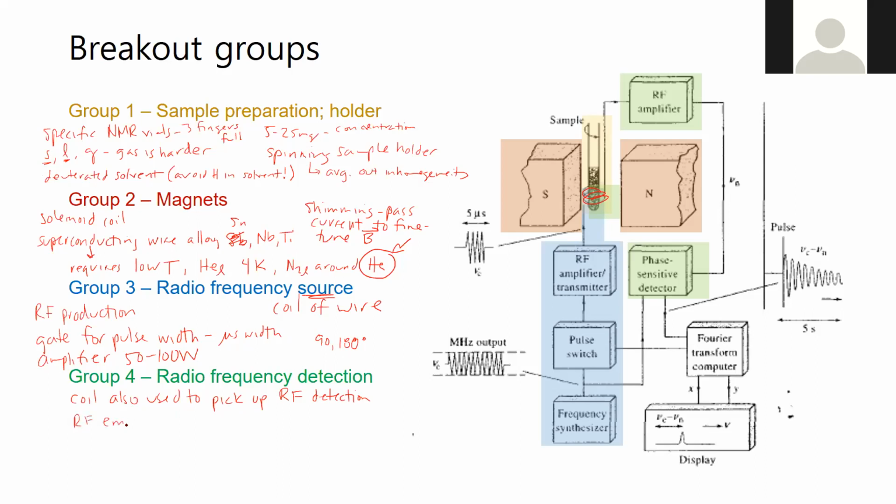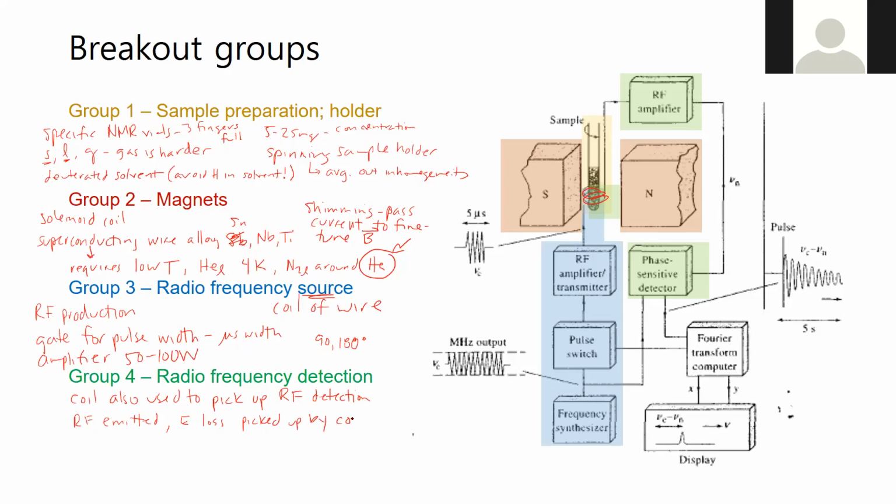As it precesses to go back to its original position, it loses energy. And that energy is picked up by the coils. So this is the idea of the coil, to pick up those RF frequencies.